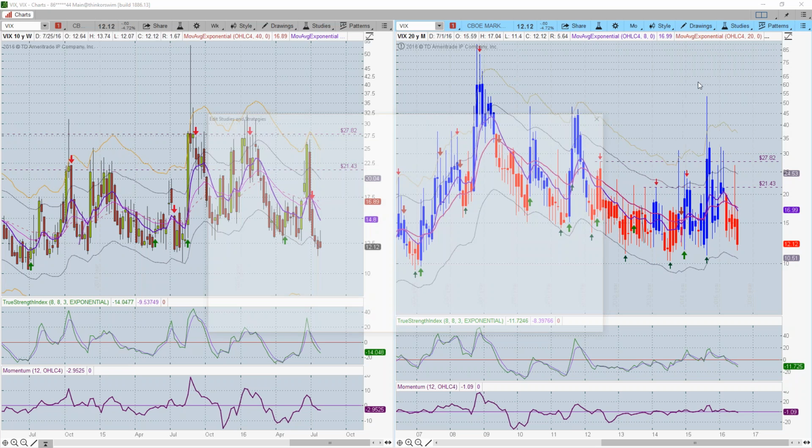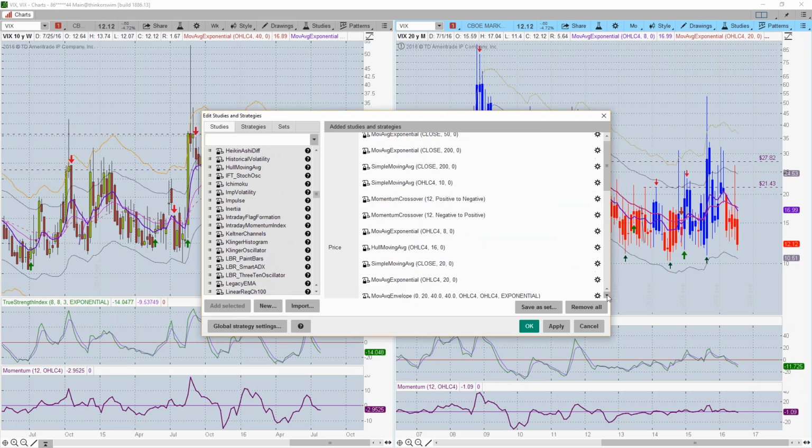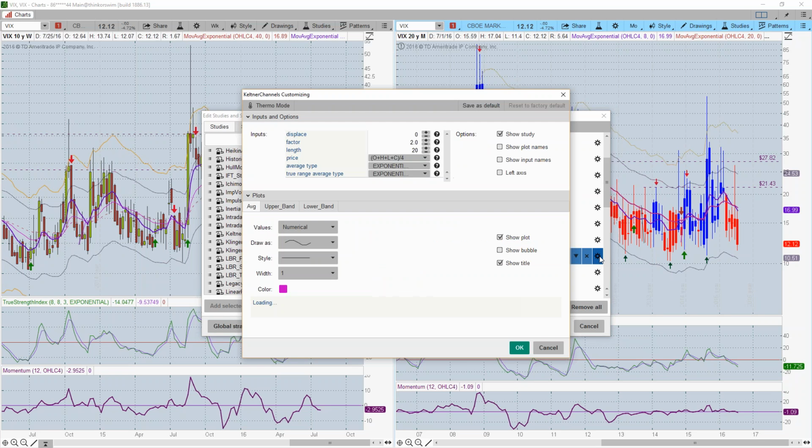Okay, do edit studies. They're over here under Keltners. And the way I set my Keltners up is I set them up right here with a factor of 2, which equates to 2 ATRs.